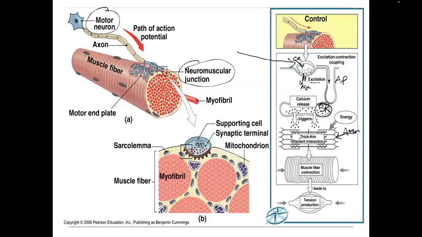And then you're going to have the thicker ones in the middle, those are myosin. Somehow the calcium that's being released is going to have major influence over actin and myosin to make a muscle contraction take place. And remember, contraction means to produce tension.